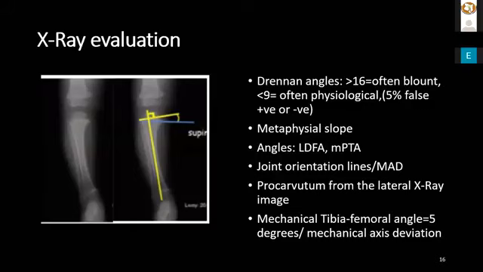It's also good to note the mechanical axis deviation so that you can plan how much you are going to correct. Procurvatum, from the lateral side, and then the mechanical tibiofemoral angle will also guide you on the sphericity, as well as how much correction and the probable complications you expect.